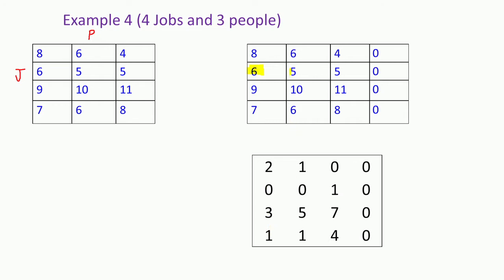Second column, the column minimum is here, 1 0 5 1. Third column, the column minimum is here, 0 1 7 and 4. Of course, the 4th column has all zeros. So, this is the reduced matrix after the column subtraction. We do not do row subtraction because the row minimum is already 0 for every row.